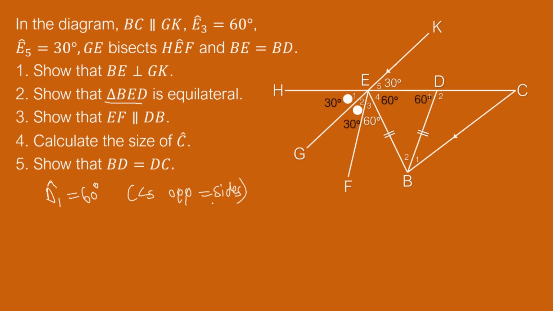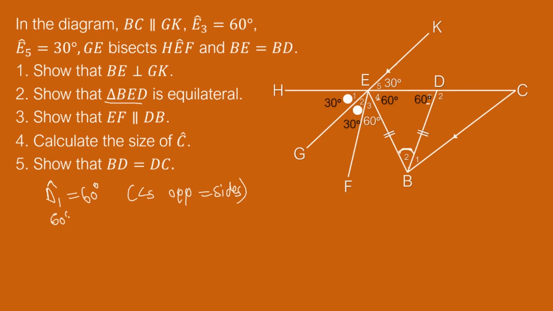So this is 60 degrees. And then we can find B2. We can say angle E4 plus angle D1 plus angle B2 must give us 180 degrees. This is the sum of angles in a triangle.